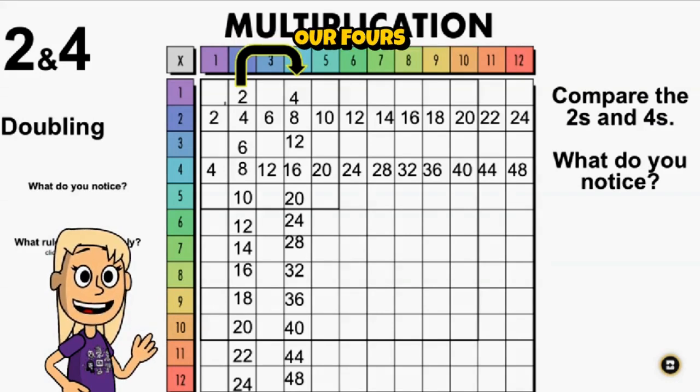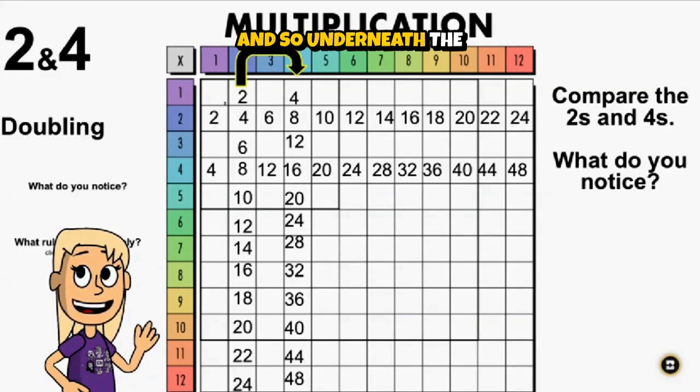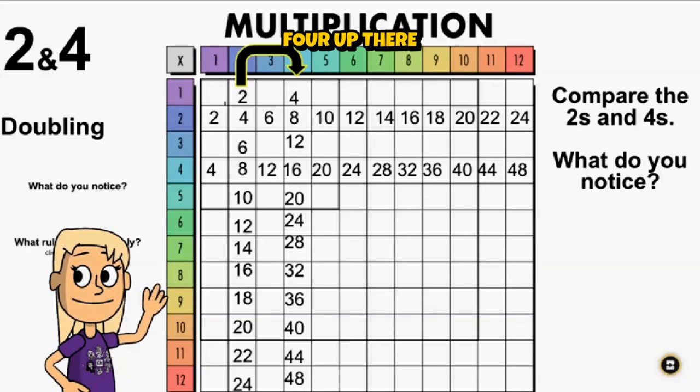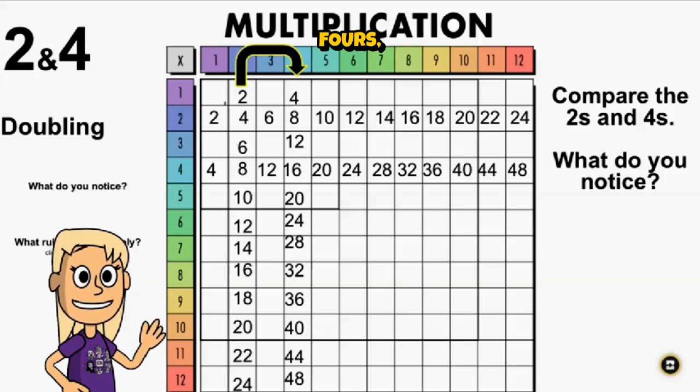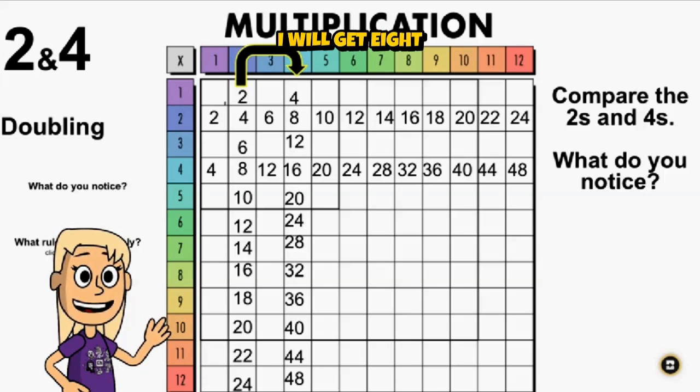And then we did our 4s, and so underneath the 4 up there is the number 8. So that means that when I double 4s, I will get 8.